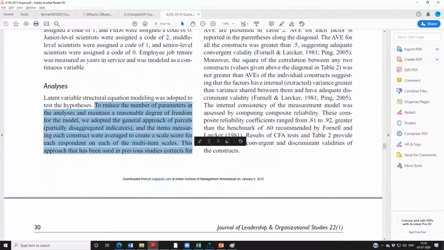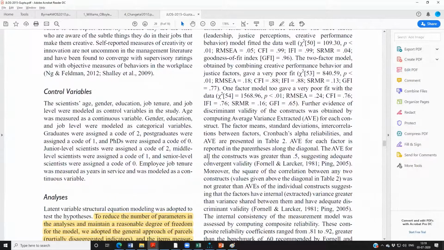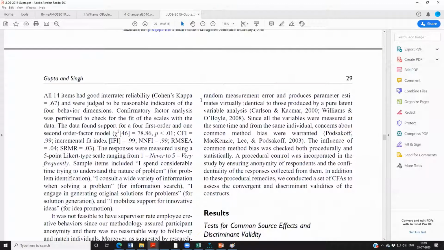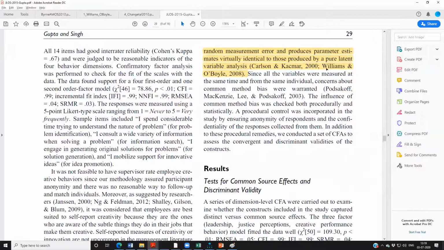This approach has been used in previous studies, corrects random measurement error and produces parameter estimates virtually identical to those produced by a pure latent variable analysis. And I cite this paper, and there's another paper that I cite, right?